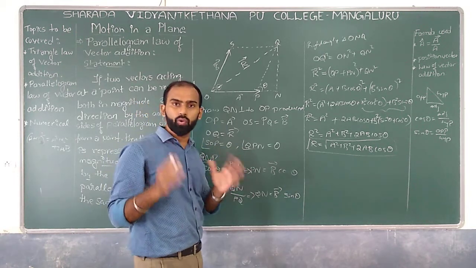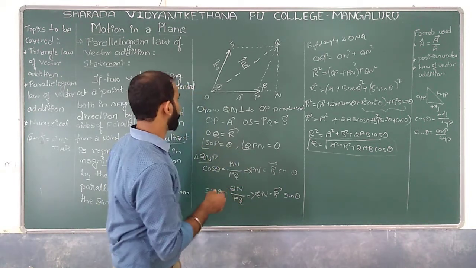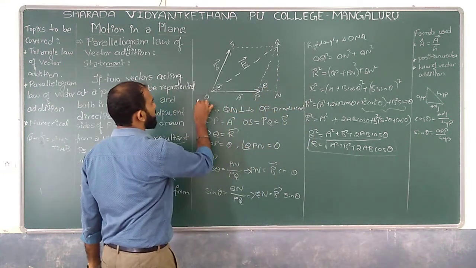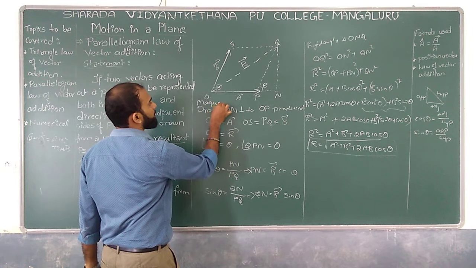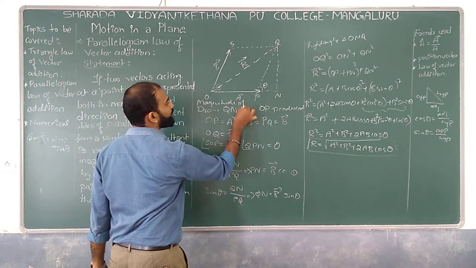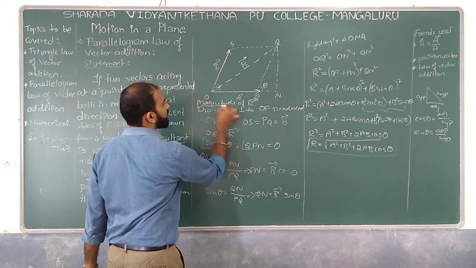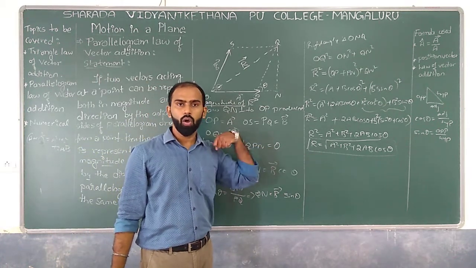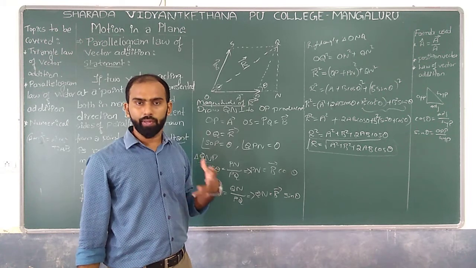If they ask in a question to find the magnitude, that is nothing but the magnitude of r vector. What is the magnitude of r vector? That is this. Now, how to get the direction of the particular vector?